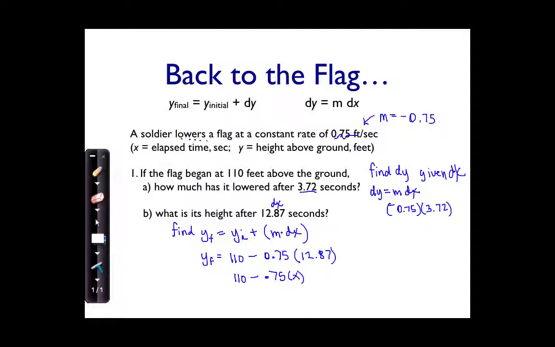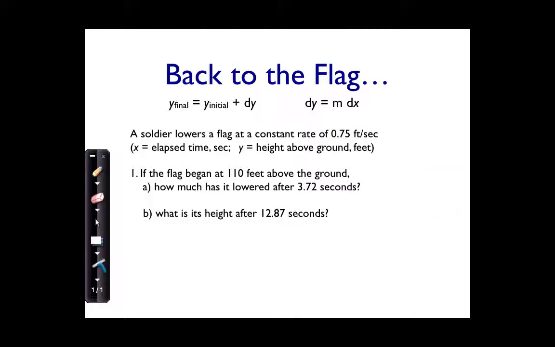So let me clear this off for just a second. So if I want to describe the flag's height after any x seconds, that's what I just did a second ago.